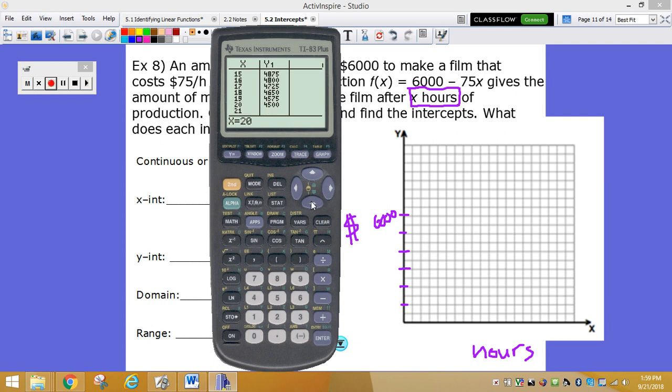Buckle up. We're going to be scrolling for a little while. Let's see how far down I need to go to get to $0. We're almost there. There. All right. So to get to $0, it's going to take 80 hours.